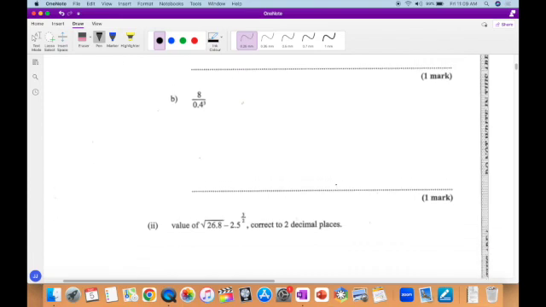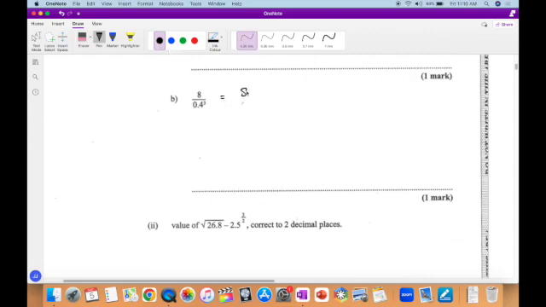This one here is straight up to a calculator, and it's written in a very bad way because it's not 0.4 cubed. It would be actually 0.4, all of this would be cubed here. So how they wrote it there, I really don't like that, but hopefully you would recognize.